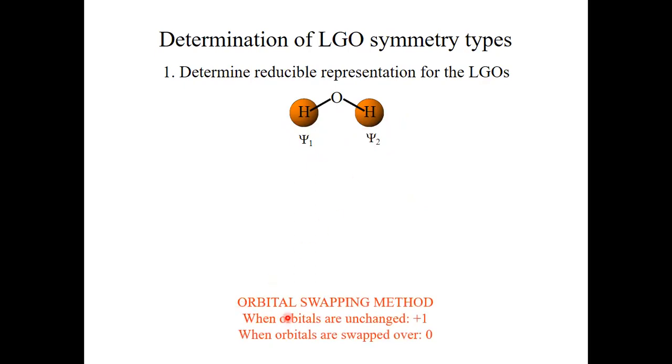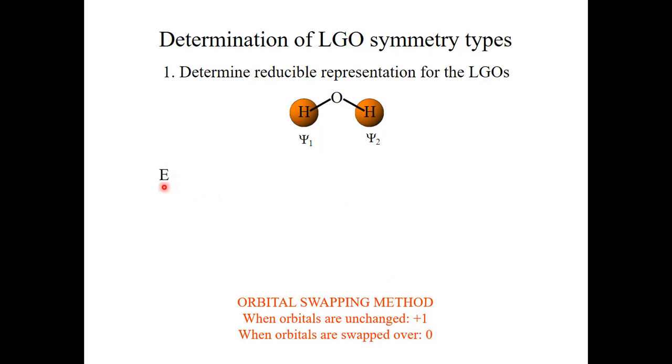When the orbitals do not swap and remain unchanged, then the character in the respective reducible representation for that particular symmetry operation will be +1. When the orbitals are swapped over, then the character will be 0. And by going systematically through all the symmetry operations, we will find all the characters of the reducible representation. So now let us just do this.